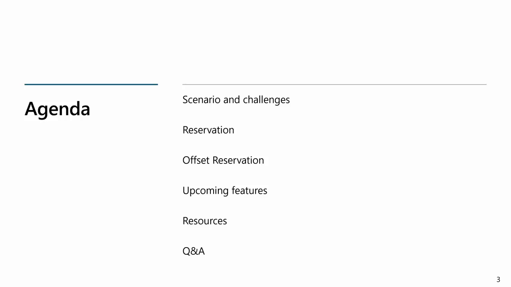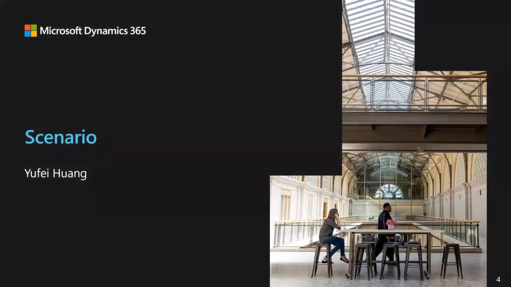And lastly, we will go for Q&A sessions. Now let's first invite our product manager, Yufei, to introduce the needs for an API call to handle the potential overselling issue. Yufei, over to you.